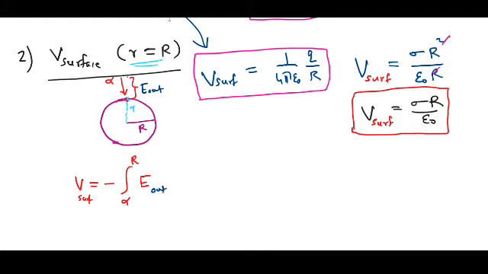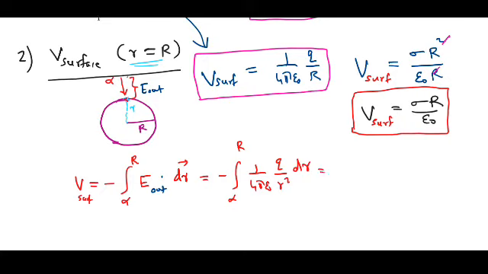Therefore, here I have to use E out dot dr. The electric field outside, that we already know, is 1 by 4 pi epsilon 0 Q divided by r square dr.